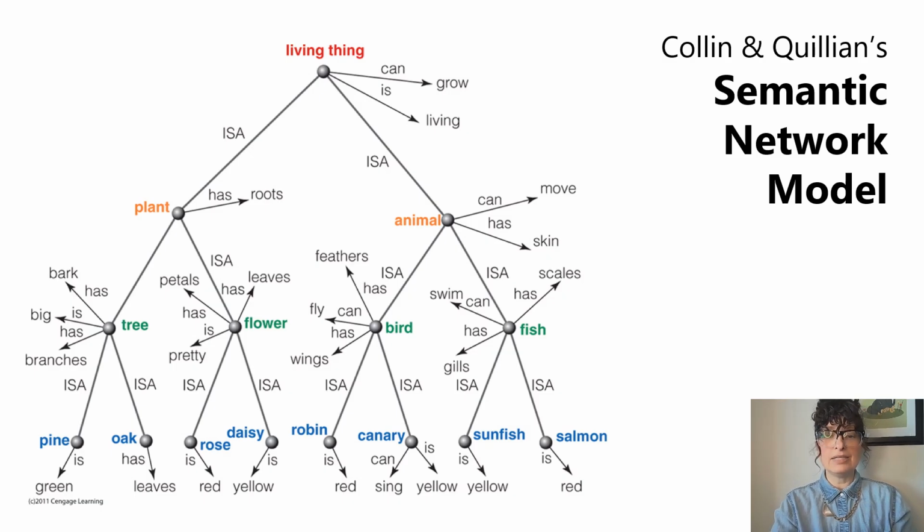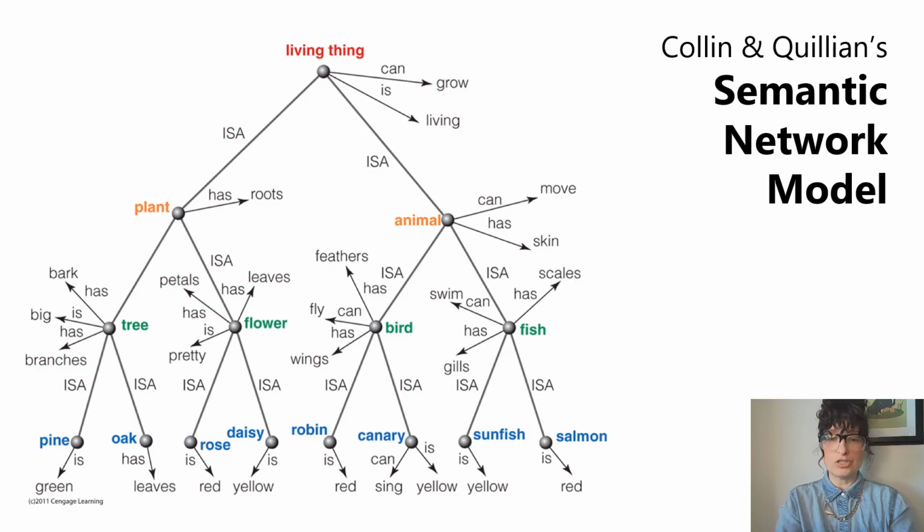So to access information about a salmon, you would start at the salmon node. And at this node, we can learn that a salmon is red. So specific features for specific exemplars that don't apply to all of the other examples in the model are going to be stored at the node where they apply. Salmon is red. That's specific to salmons. But if you move up a link, you can learn that a salmon is a fish.